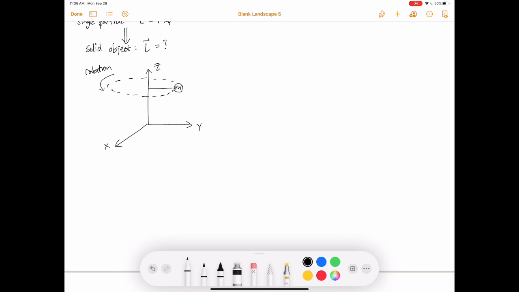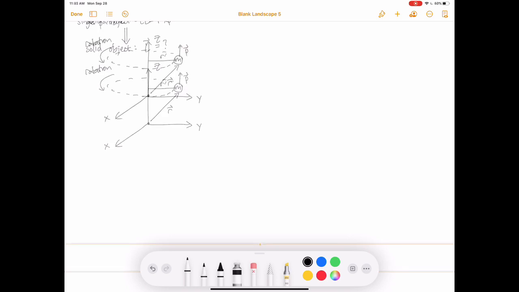Now the radius of this circle that the particle is moving in, let's call that r prime. And that's not to be confused with r, which is the vector going from the origin to that point where the particle is located. Now p is the momentum. That's just the mass of the particle times its velocity.